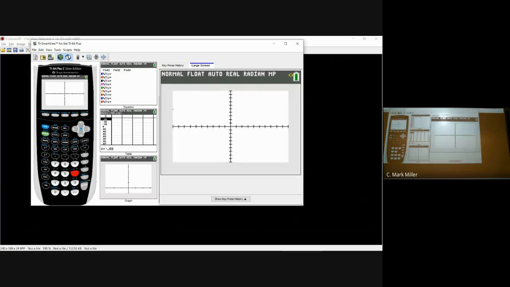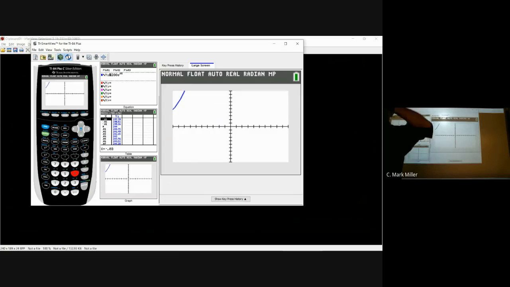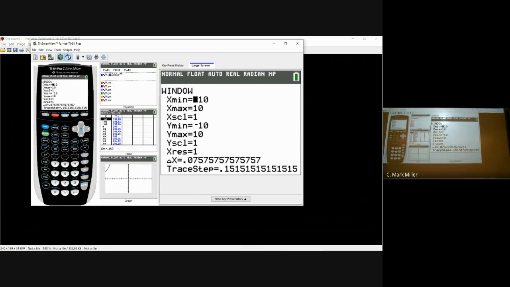Zoom. You go to graph it. Oh, you actually got a piece of the graph right there. I wasn't expecting any of the graph. That's not a very good graph, is it? We want to get part of this graph. We're going to have to get our Y value up past 12,000, probably to like 50,000. So we use our window, and we're going to go minus 10 to maybe 50. I don't know.